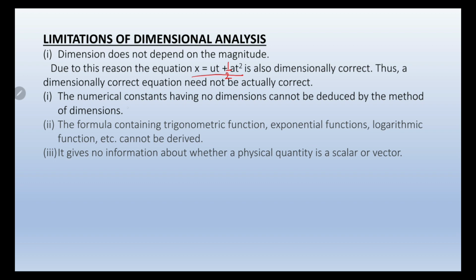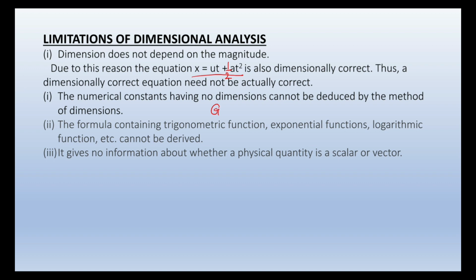Also, numerical constants having no dimensions cannot be deduced by the method of dimensions. In Newton's law of gravitation, for example, it contains the capital G, which is not dimensionless.